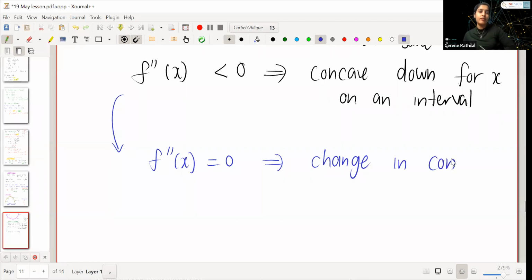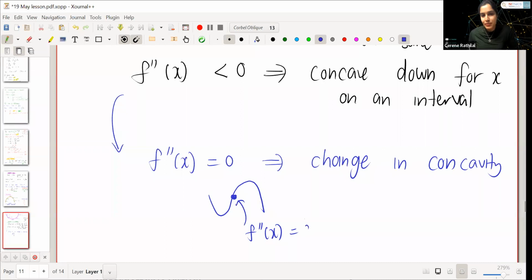So meaning the function is probably changing from concave up to concave down, or concave down to concave up. So if this here is concave up, and suddenly the function changes to concave down, there would be some point in here where f double prime of x equals zero, right?